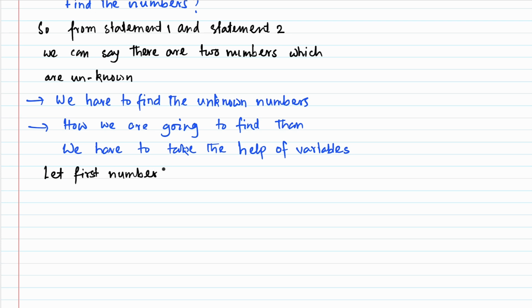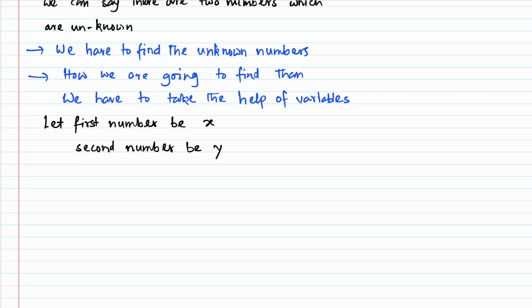So let the first number be, say, x. This is one variable, and the second number be the variable y. Then as per statement 1, the sum of the two numbers is equal to 10.